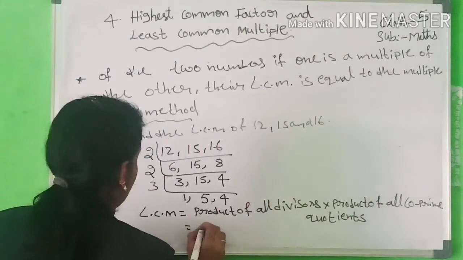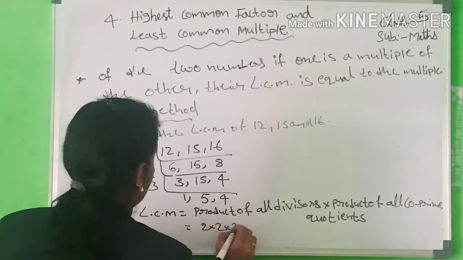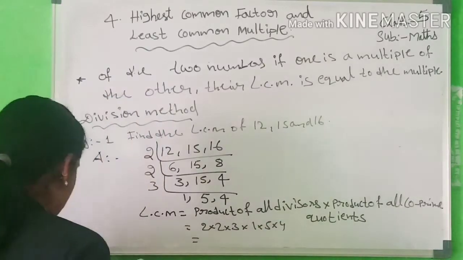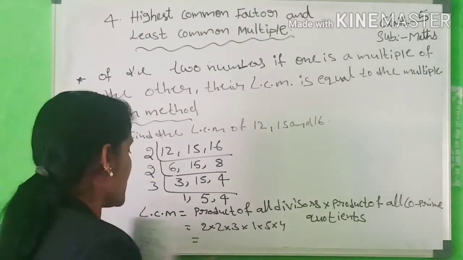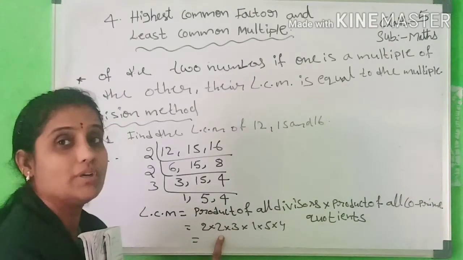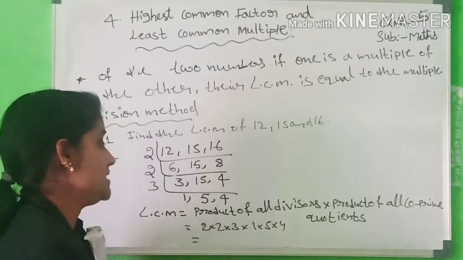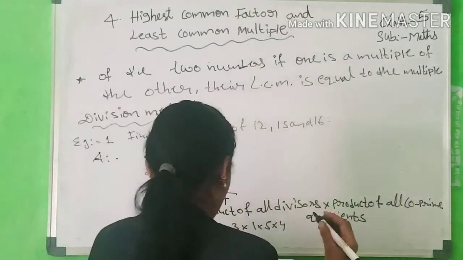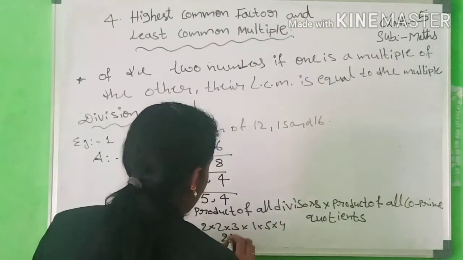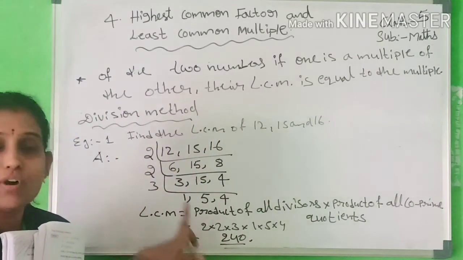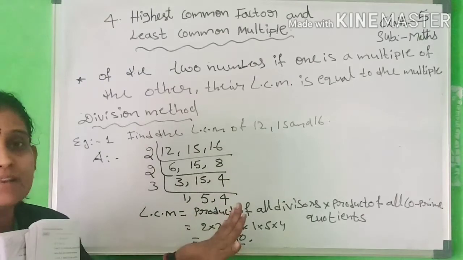Now you can do 2 into 2 into 3 into 1 into 5 into 4. What is the answer? 2 2s are 4, 4 3s are 12, 12 5s are 60, 60 4s are 240. 240. Okay, children. Is it clear?